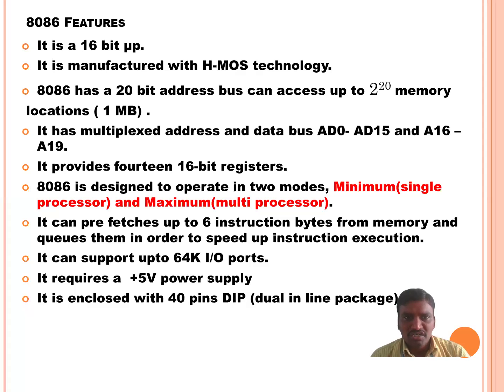In the second generation, Intel implemented the 8-bit microprocessor. The names are the 8085 microprocessor and the 8008 microprocessor. These are the 8-bit microprocessors. The 8085 is a general purpose microprocessor.